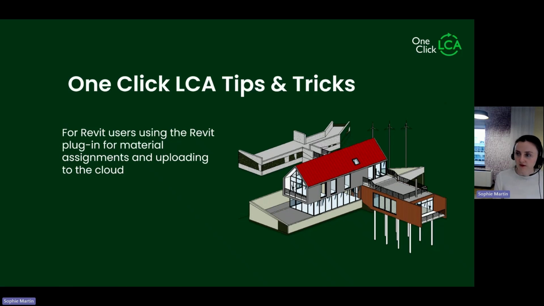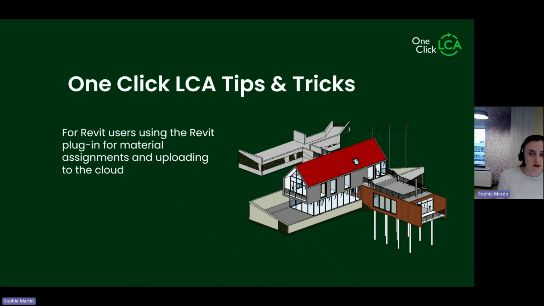Okay, from here, some tips and tricks. At Page, we use the Revit plugin for our material assignments. Our architects and structural engineers are primarily building in Revit. So we will wait until the project is at a certain stage in design where we've got assignments for those structural materials built out, and their facade enclosure materials are built out in Revit.